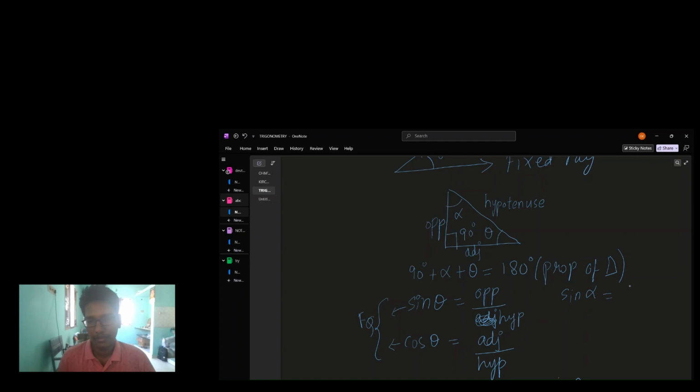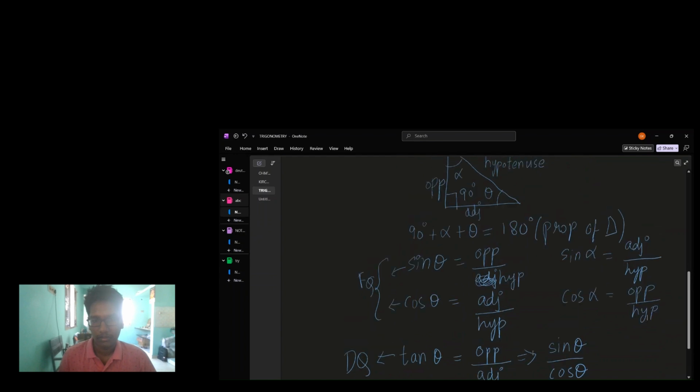So sin alpha is equal to adjacent by hypotenuse, and cos alpha is equal to opposite by hypotenuse. Let's name these equations 1, 2, 3, 4, and 5.